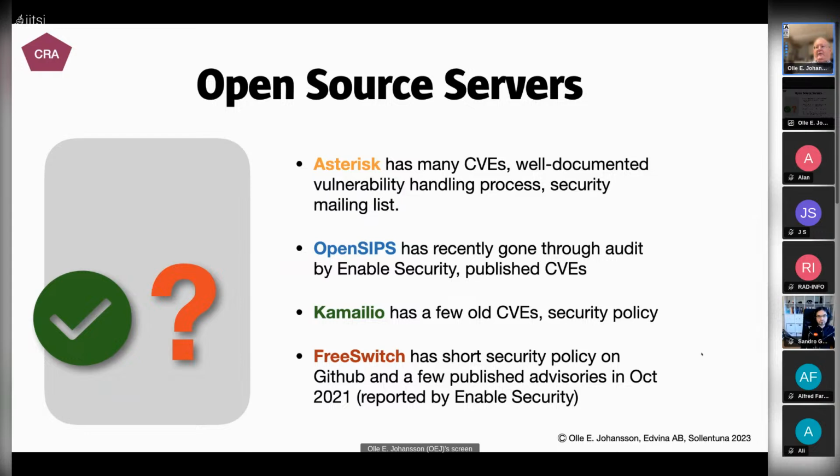Kamailio has a few old CVEs. We have a security policy there, but there are very few CVEs filed, so the development team hasn't got the practice to work with security issues and vulnerability handling. FreeSWITCH, as pointed out by Sandro, has a short security policy on how to report vulnerabilities published on GitHub.